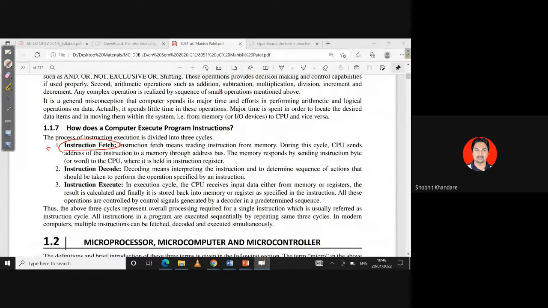During this cycle, the CPU sends the address of the instruction to memory through the address bus. The memory responds by sending the instruction byte or word. Instruction byte means 8-bit and word means 16-bit. Okay? To the CPU where it is held in the instruction register. This is the first cycle.